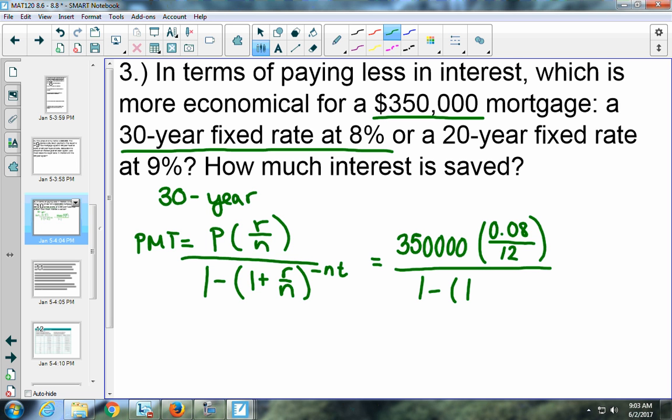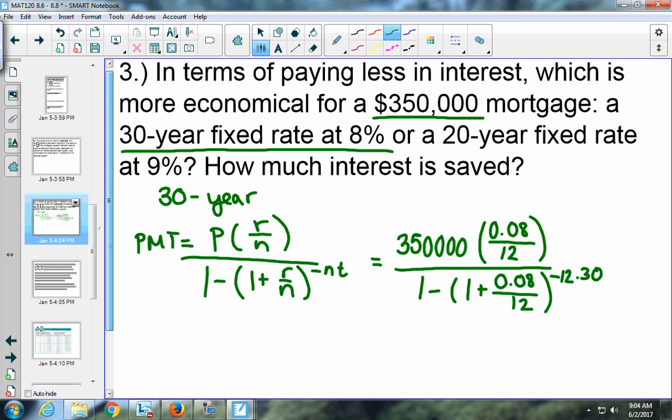1 minus our 1 plus. The rate is 8%. Our N is 12. Raised to the power of that N times T. It's a 30-year mortgage, so our T is 30.